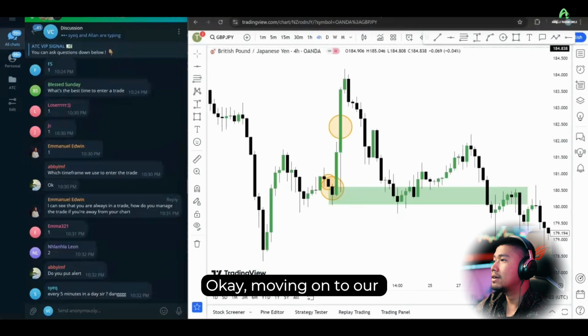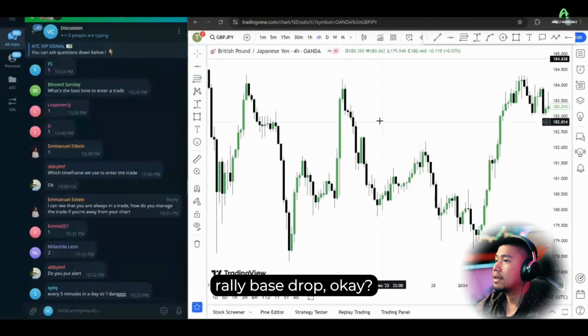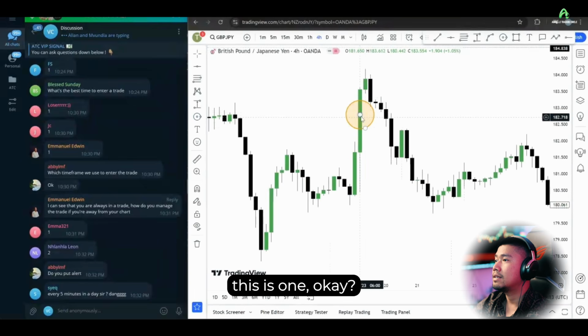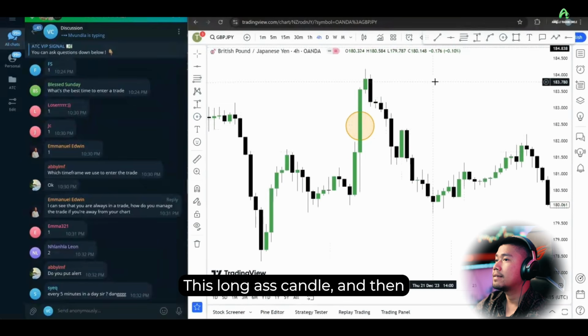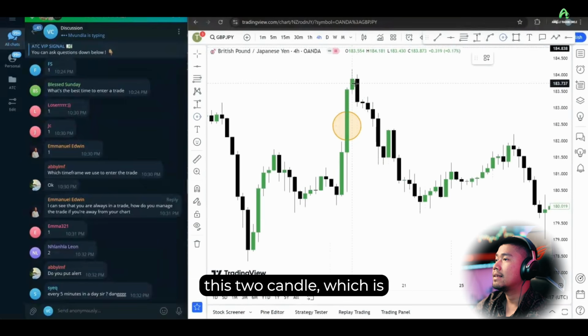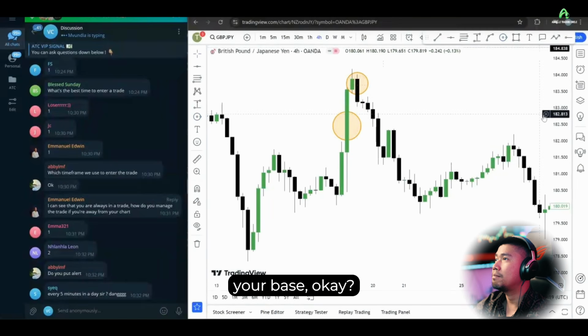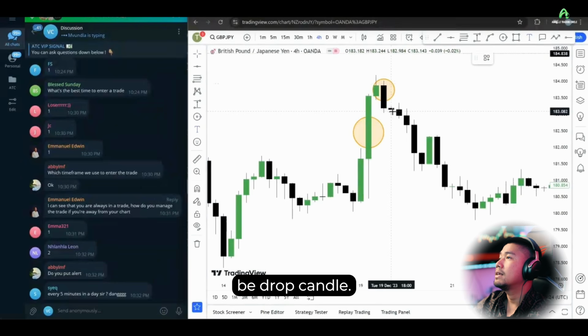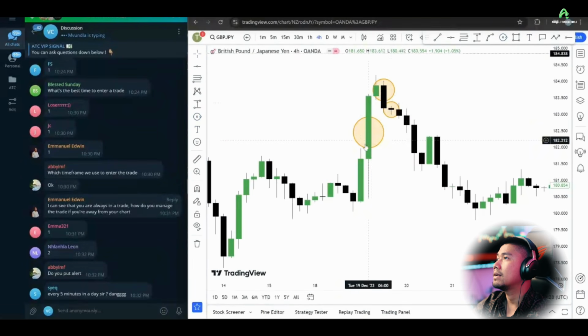Okay, moving on to our rally base drop, okay? You must have a rally candle, which is this one, this long candle, and then these two candles, which is your base, okay, if you remember. And then the next candle must be a drop candle, this one.